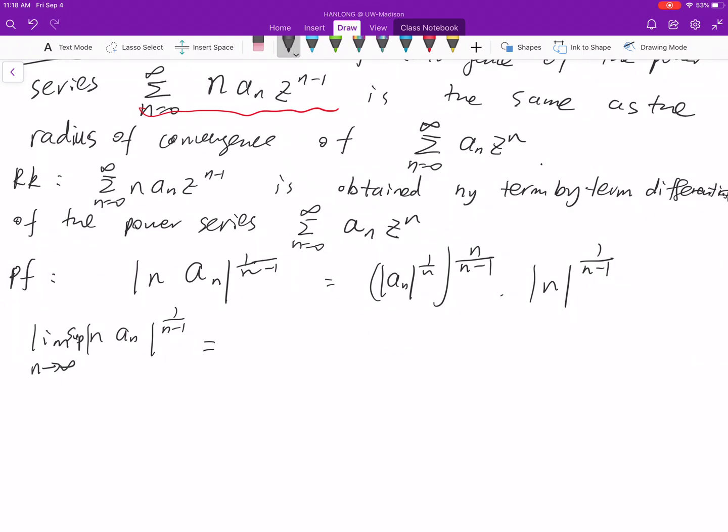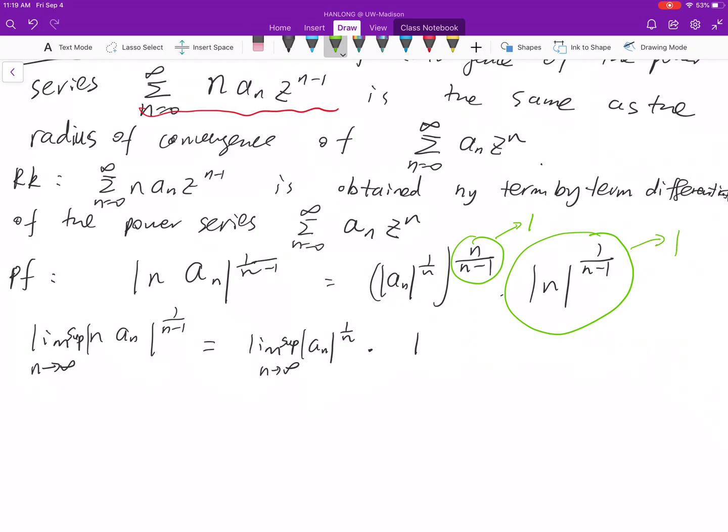So this will be lim sup of a_n to the 1 over n times 1. This is because when n goes to infinity, this index goes to 1, and the whole quantity here goes to 1 as well.